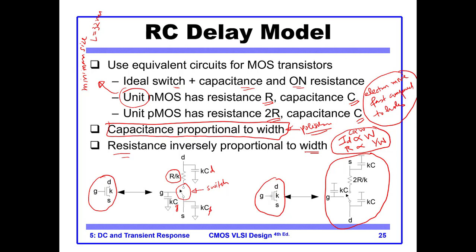Again, you see that we have the drain, the source, and the gate capacitance, and you see here is 2R by K. The resistance is twice as high as the NMOS case. So this is our RC delay model.